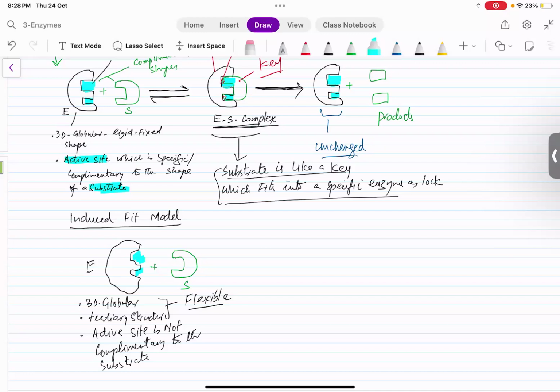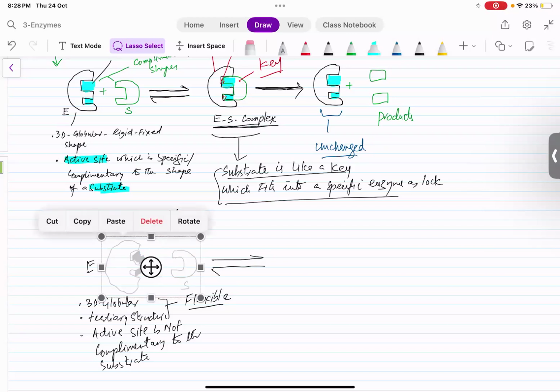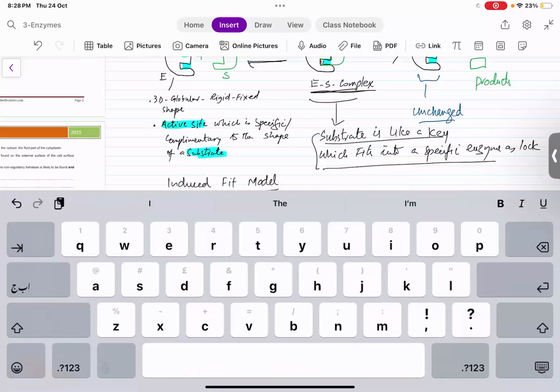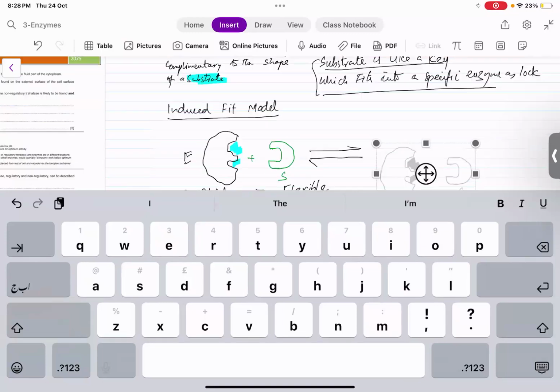So what happens? A substrate binds with an enzyme. Okay.